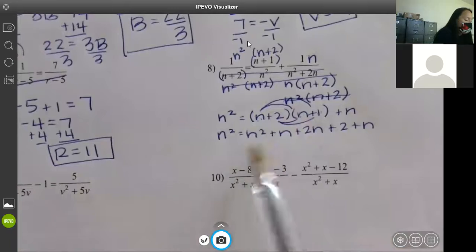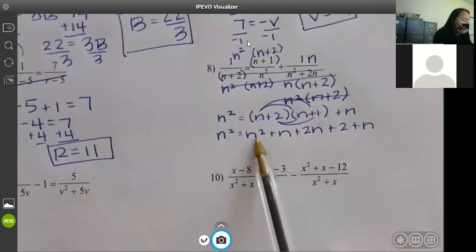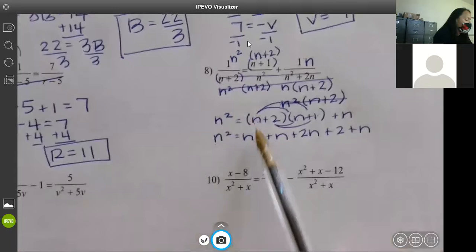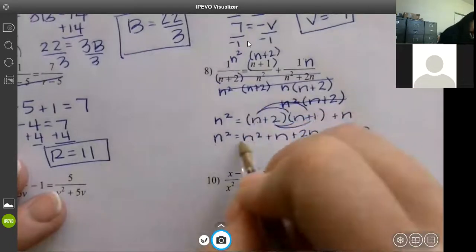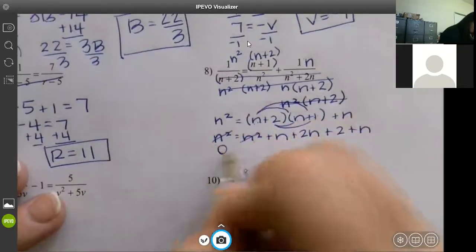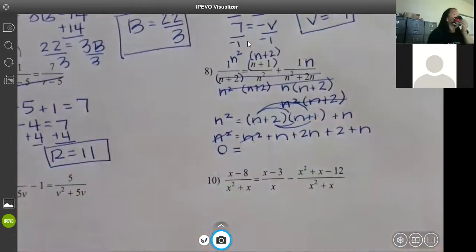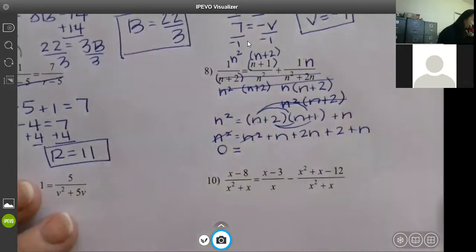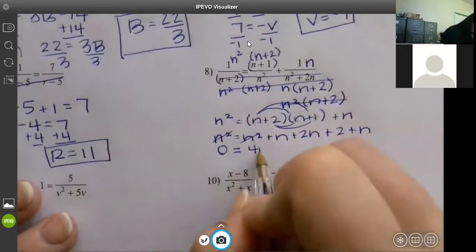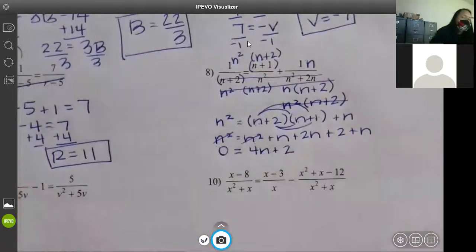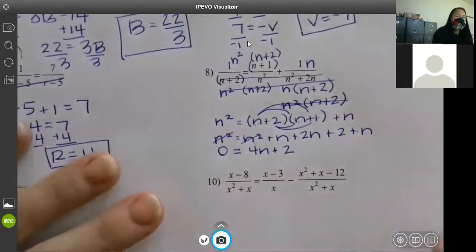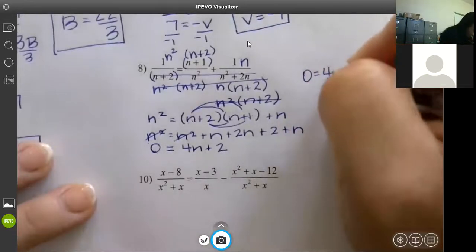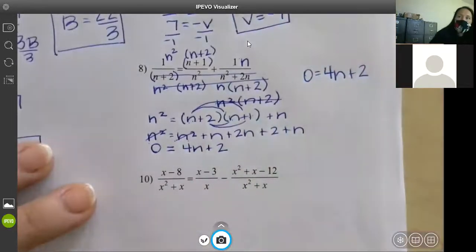I'm going to clean this up in just a second, but what I want you to realize is if we have n squared on this side and n squared on that side, they're going to cancel each other out. So if I subtract this n squared, I'm going to get 0. So we're going to go ahead and write 0. I have 1, 2, 3, 4 n's plus 2. I'm going to just copy that over here to the other side. 0 equals 4n plus 2.